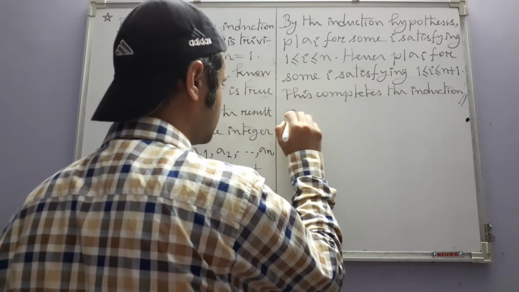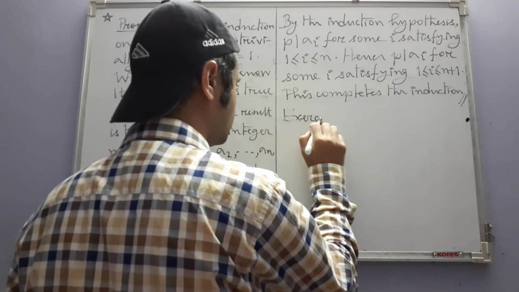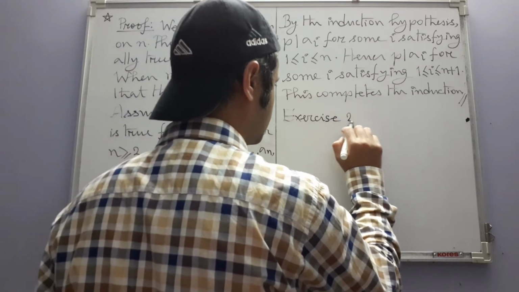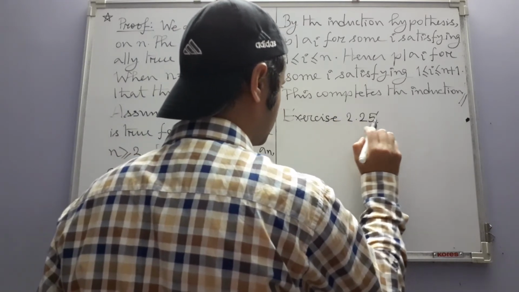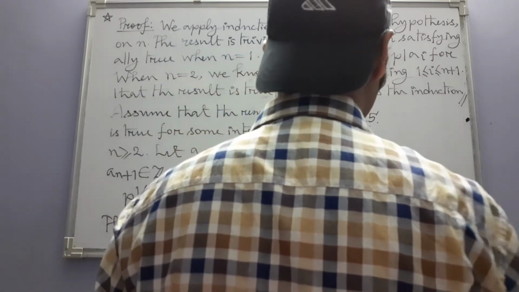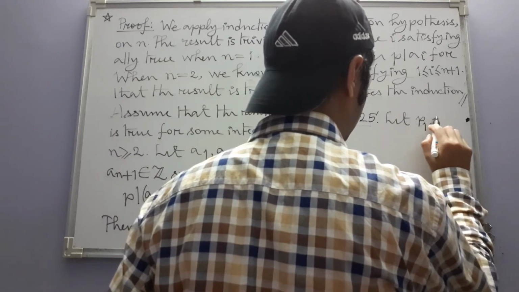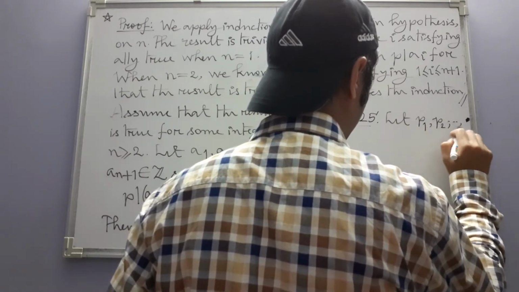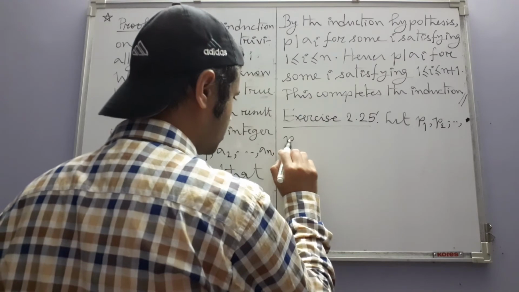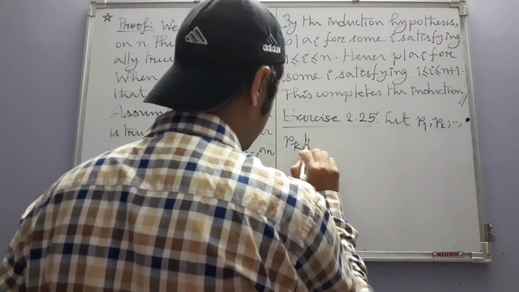Next, the exercise number is 24. Next, 25. Exercise number 25. Let P1, P2 and so on up to Pk be any primes.